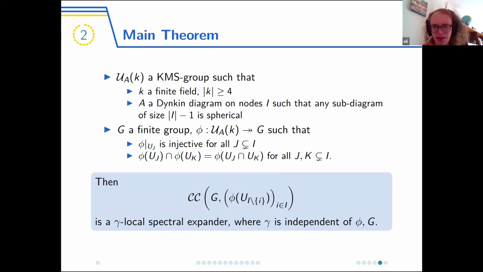In the definition of the expanders, you had these parameters, bounding this expansion constant below and bounding the degree above. Does this construction work for all settings of those parameters, or do you have bounds, like if your degree is lower than this, for example?